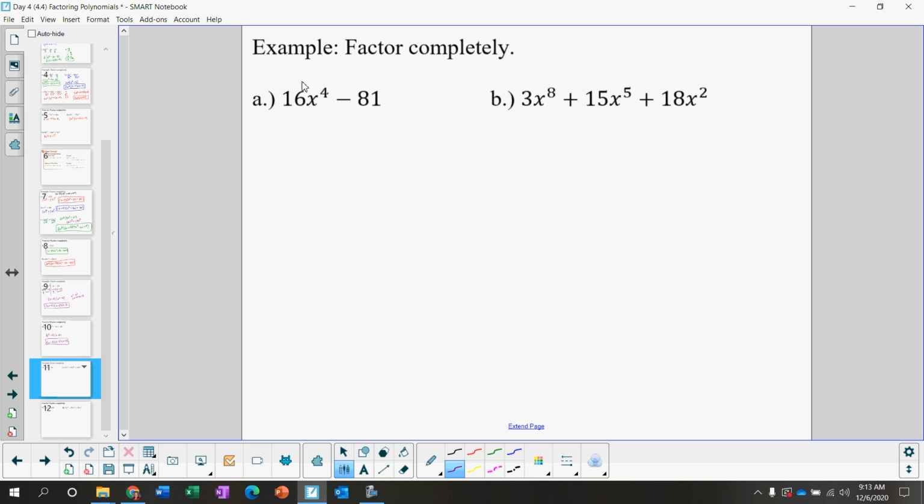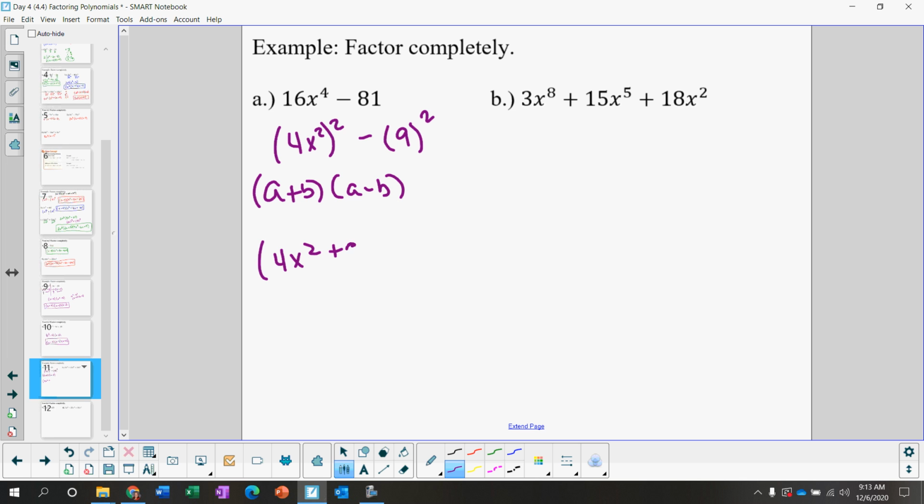But this is really 4x squared being squared. And this is really 9 being squared. So this is actually the difference of 2 perfect squares. Again, a plus b, a minus b. So that's going to be 4x squared plus 9 and 4x squared minus 9.